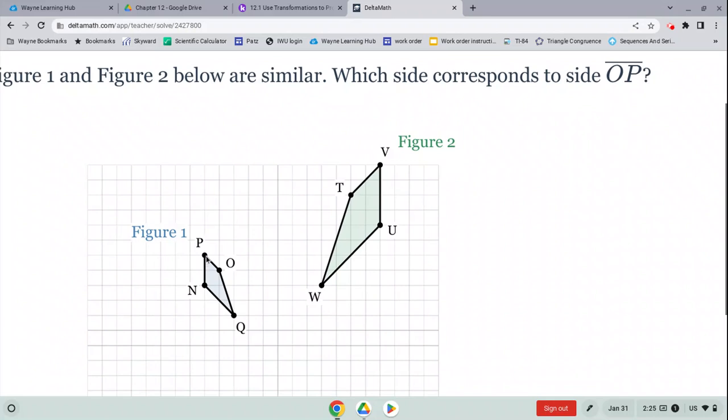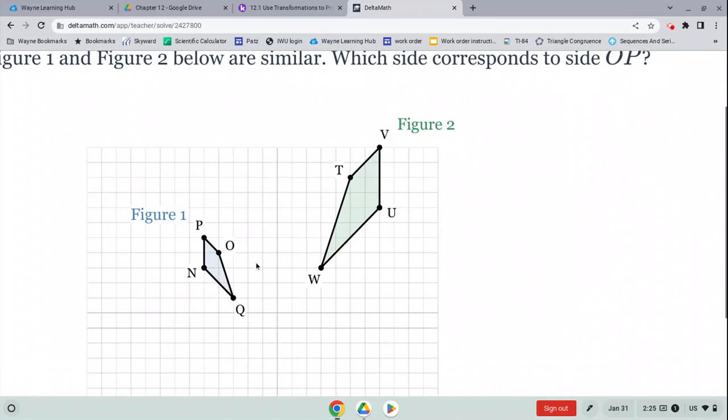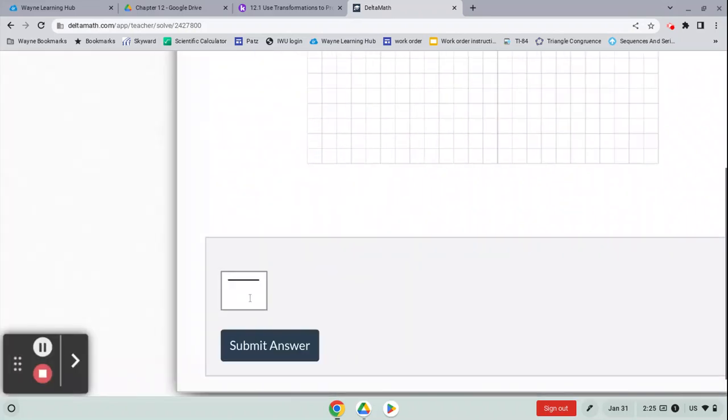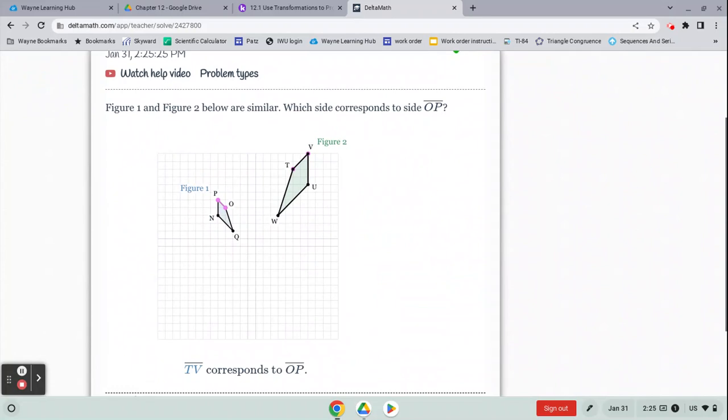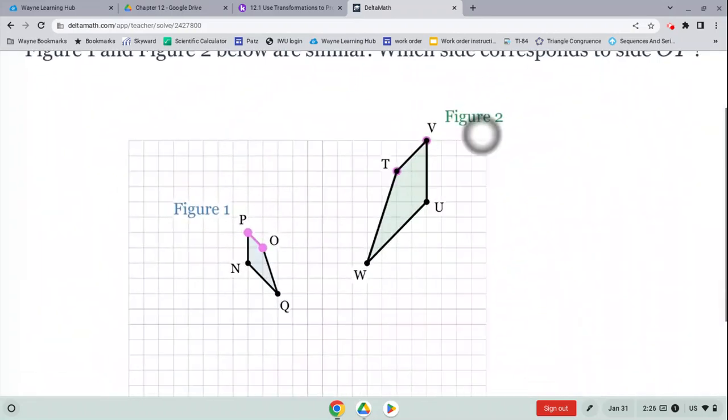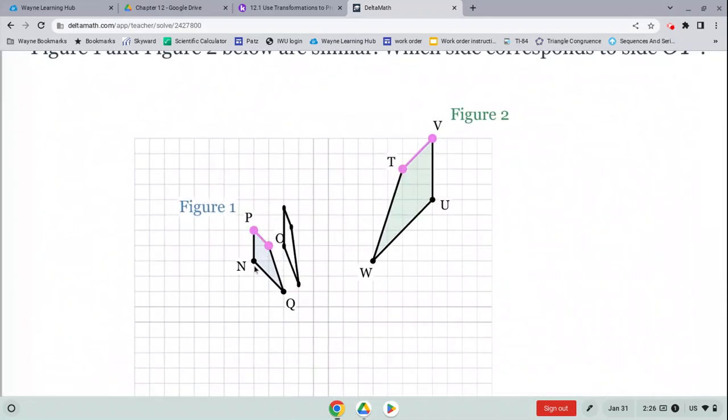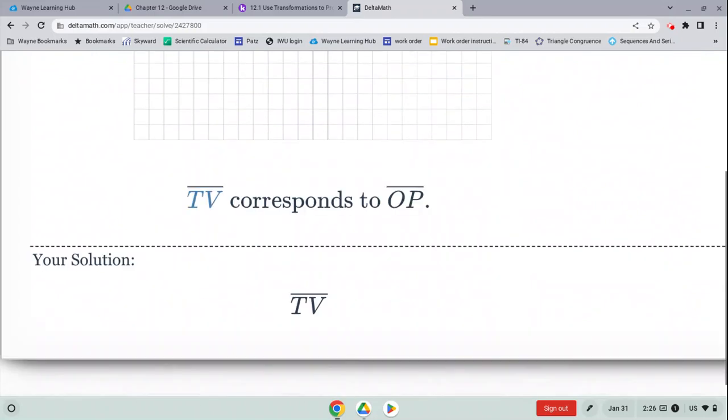So OP right here will match up to TV. It's kind of like a reflection, and it was stretched. So we're going to put TV here. We'll submit that, and let's zoom out, and you can see it shows this visual. OP flips right there, and it ends up on TV.